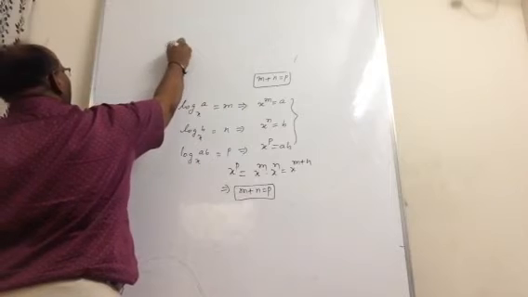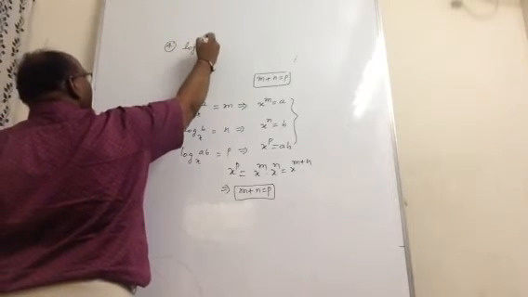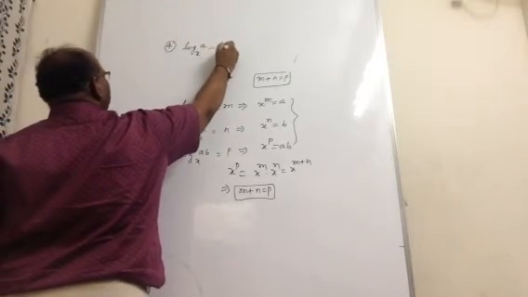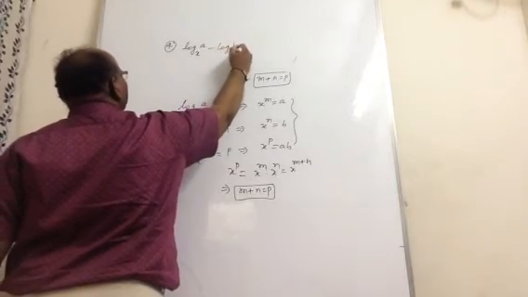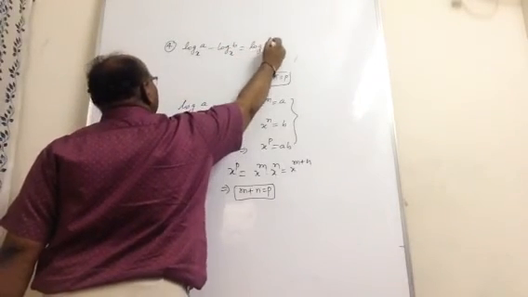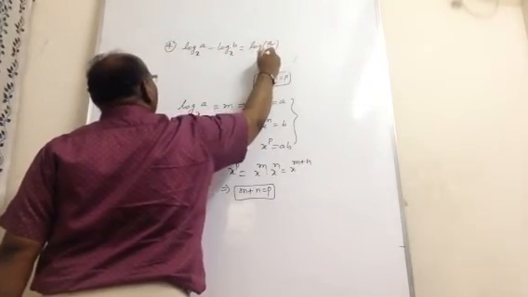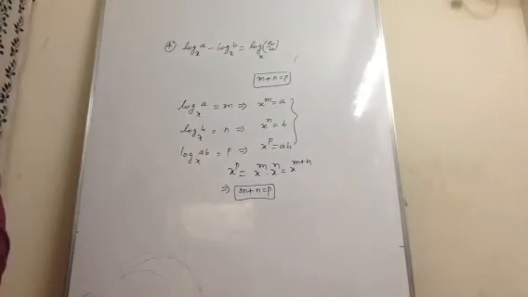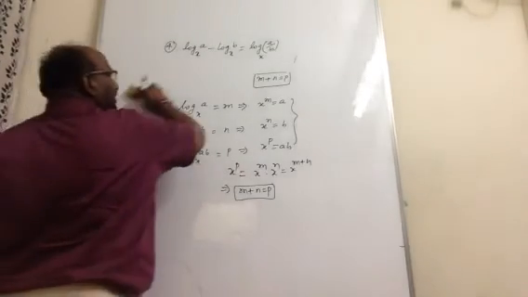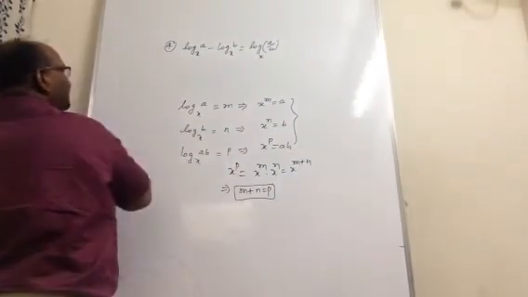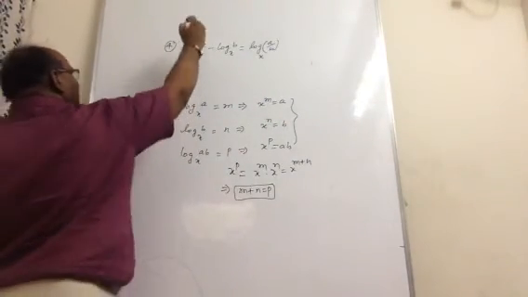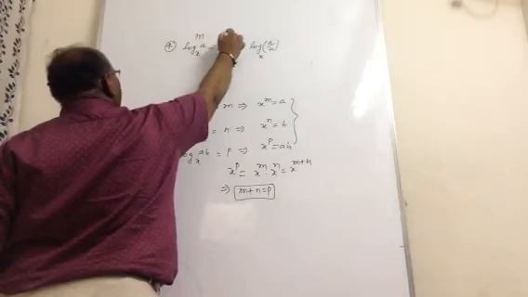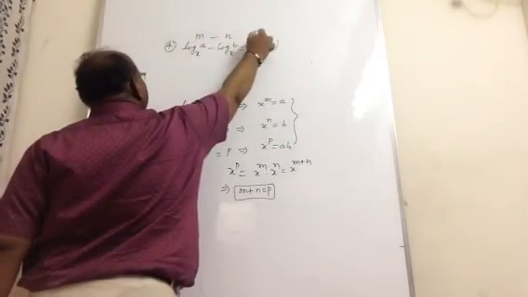Number 4. Log a to the base x minus log b to the base x is the same as log a by b to the base x. Earlier, addition: the sum of logarithms is the log of the product. Now the log of a quotient is the difference of logarithms. Here as usual, assume these as m, n and p.